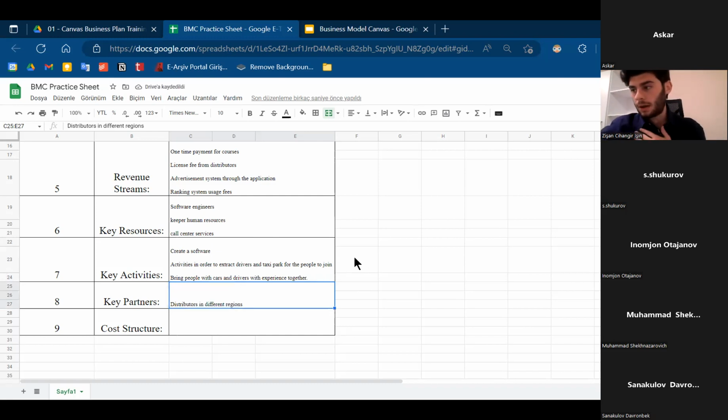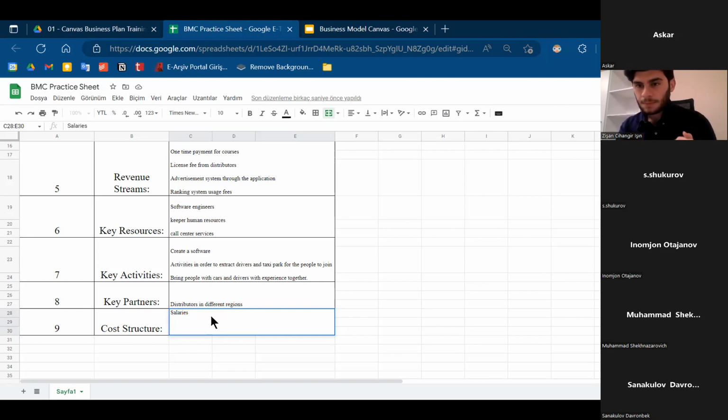Okay. What about the cost structure, like the costs that are needed to continue the business working? For example, you need to pay salaries for engineers, or spend money for advertisements. Yeah, we name it like a debt point. The debt point should not be less than 26,000 K per month. Okay, so you need to pay salaries.